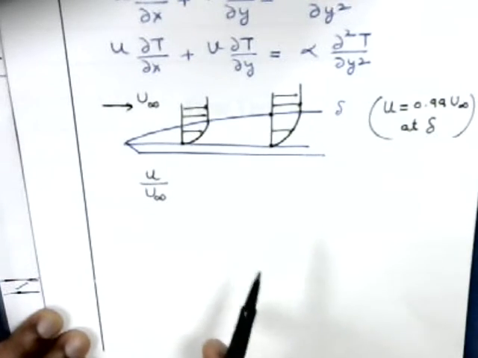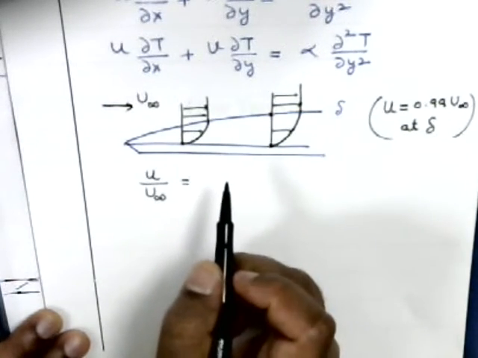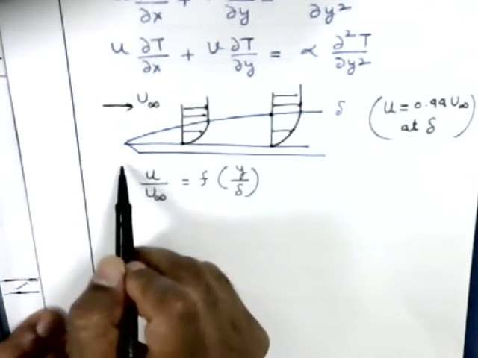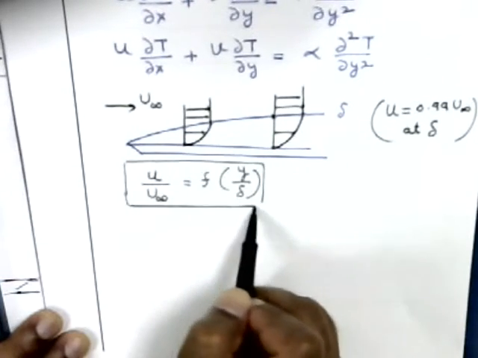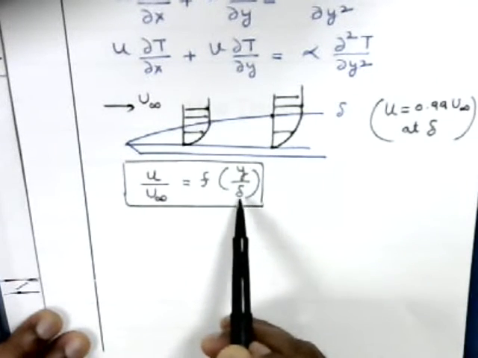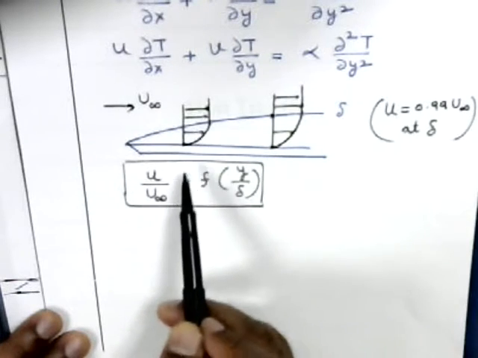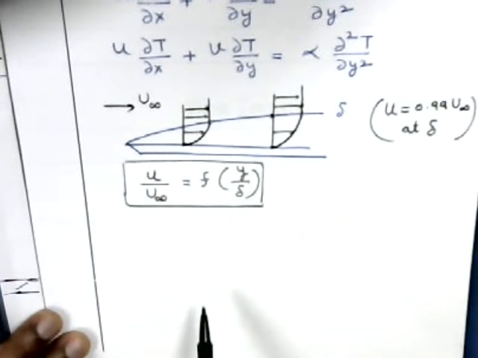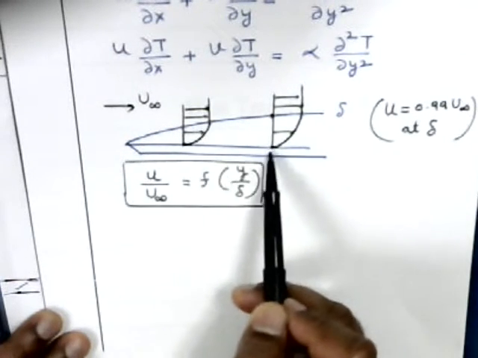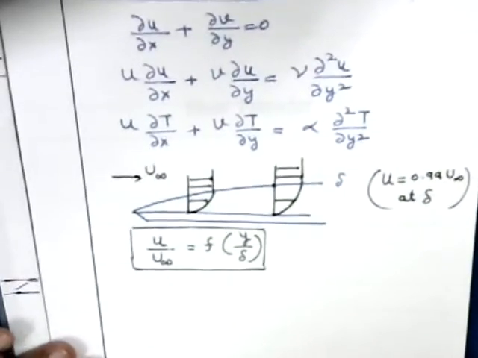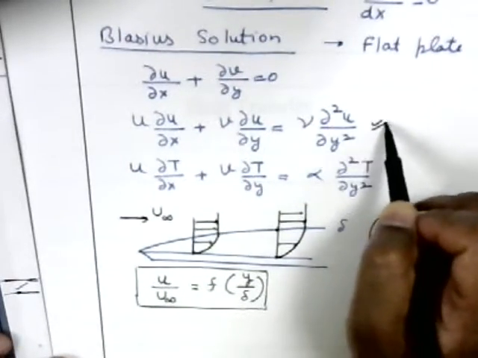So this is just a constant. u over u infinity is going to be a function of y over delta, because u over u infinity is 0 when y over delta is 0, and this becomes 1 when y over delta is 1. If you argue that in between also these profiles are similar, then you have this sort of situation. We can do an order of magnitude analysis on this equation.